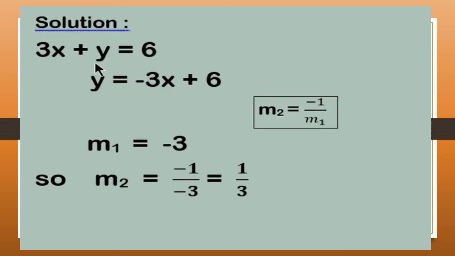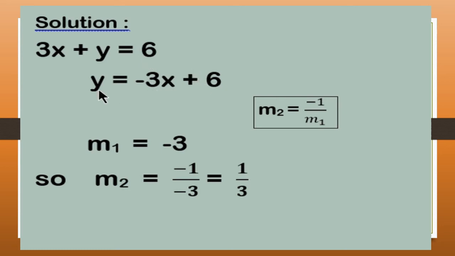Here we have the equation that is given to us, 3x plus y is equal to 6. To make y the subject, we'll have to shift this 3x term to the right side. Shifting this 3x term, the positive 3x comes to this side and becomes -3x. And this 6 is already on the right side, it's +6, so it will remain +6.